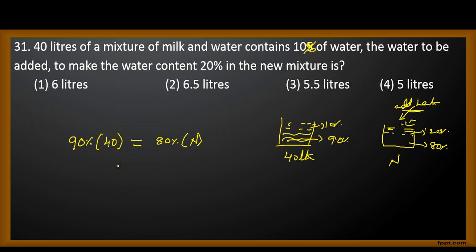On simplification, you will get n equal to 45 liters. So this has become 45 liters because we are adding 5 liters of water. Simply the answer is option 4. Why are you adding 5 liters of water? Because the condition is you have to make the water 20% in the given content.